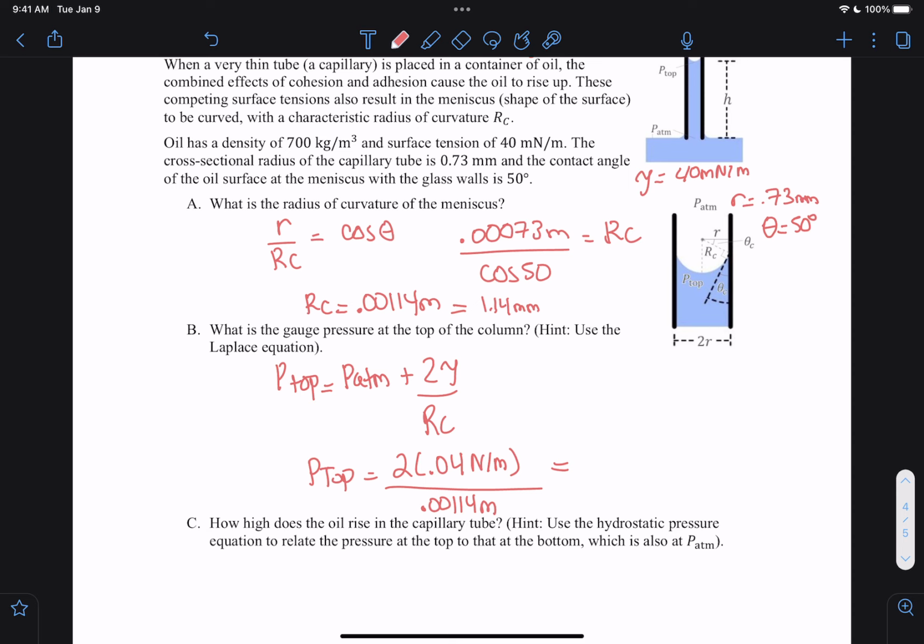I see P top, which should be the inside, is equal to the atmosphere plus 2 times surface tension divided by radius of curvature. I don't see anything wrong with this, I don't think.